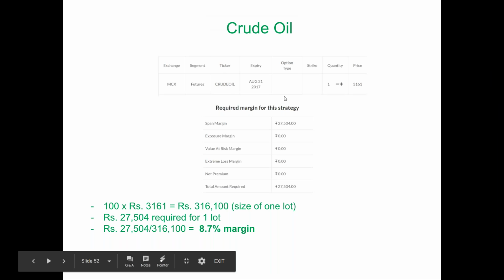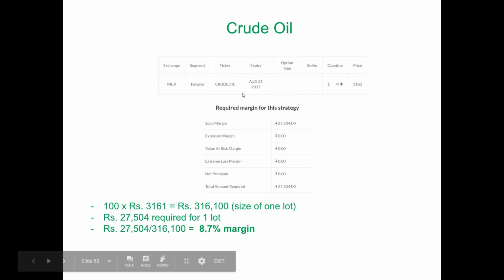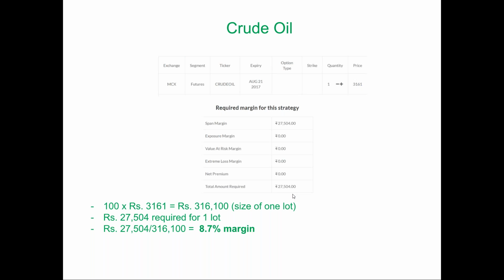So this is the Upstox Pro calculator, and this is the August expiry. We can see here that it's expiring on 21st August. Now the margin for one contract is going to be 27,500 rupees.